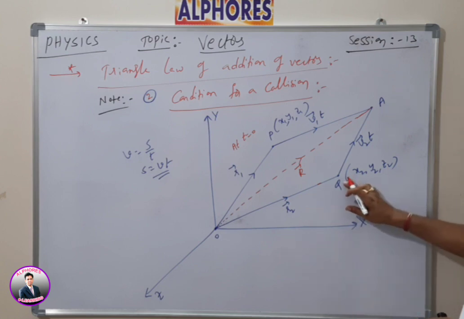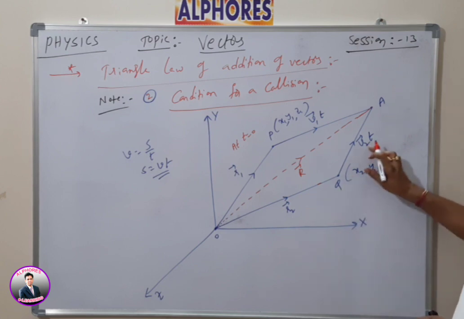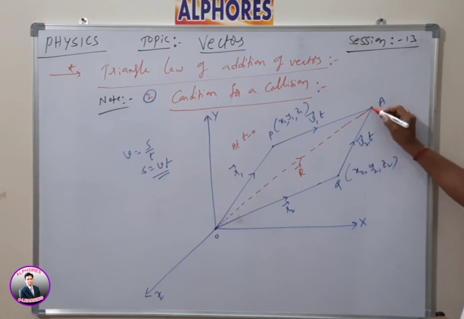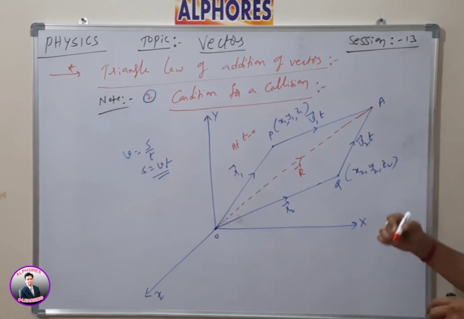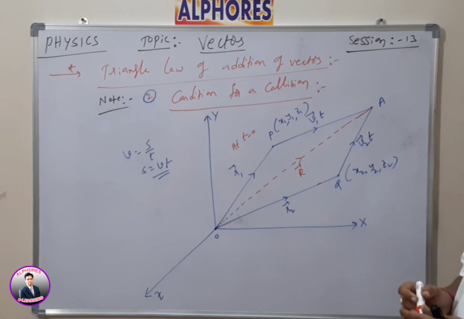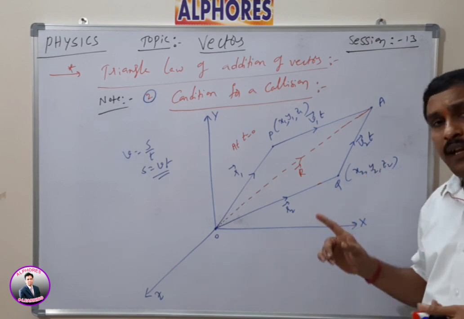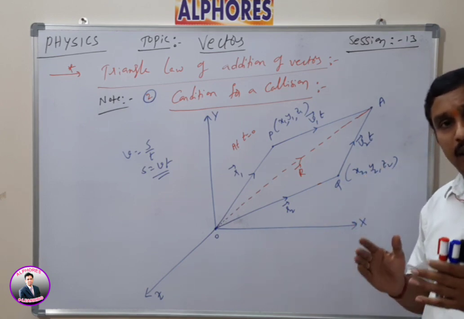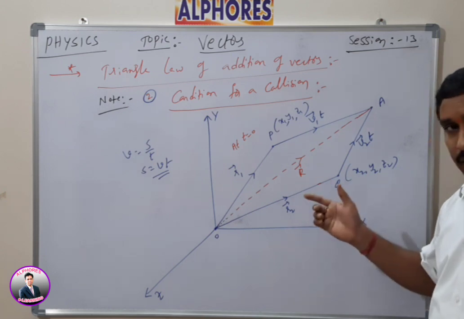Particle Q moving with velocity V2 attains a displacement V2 bar into t when it reaches point A. Now finally, by using the triangle of addition of vectors, listen all of you.